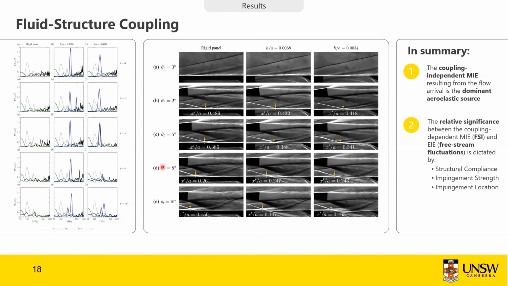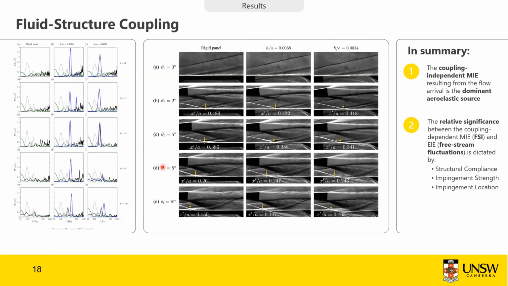So it's important for us to distinguish between the relative significance of the coupling dependent movement induced excitation, the fluid structure coupling itself, and the free stream fluctuations, because they have a very similar effect.